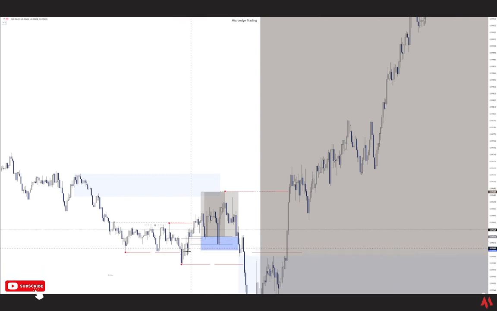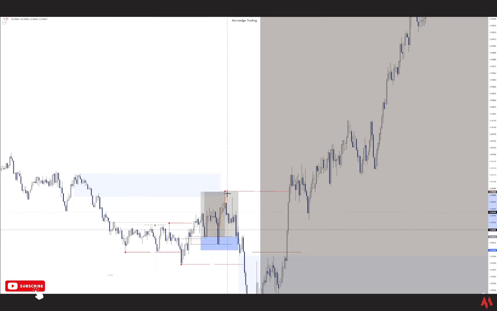As you can see, we had a series of mitigations leaving us with this last demand that needs to be mitigated, and we took the trade off the candle with 2 pips covering the low.